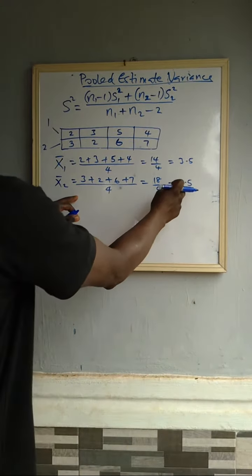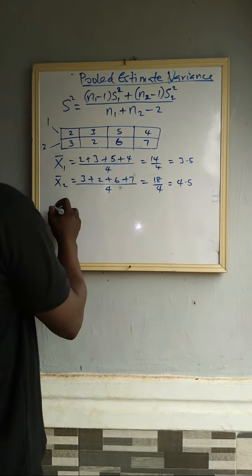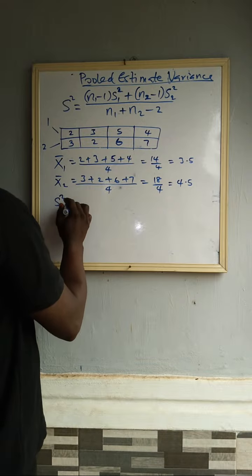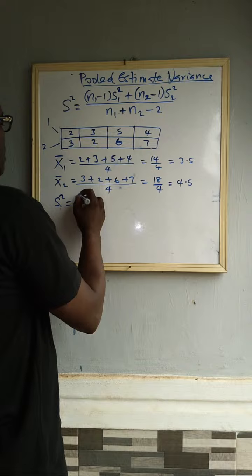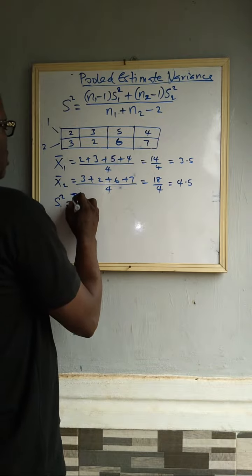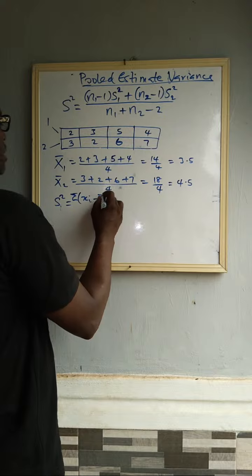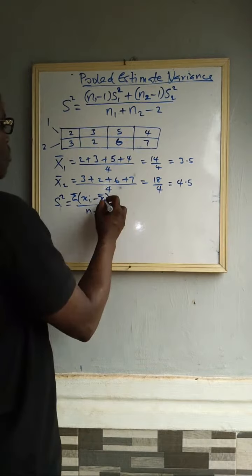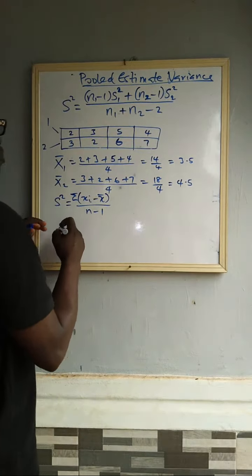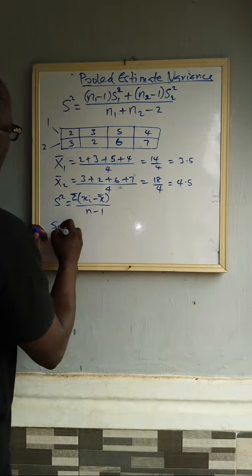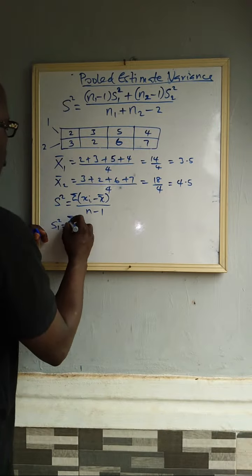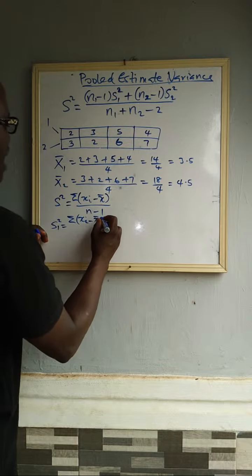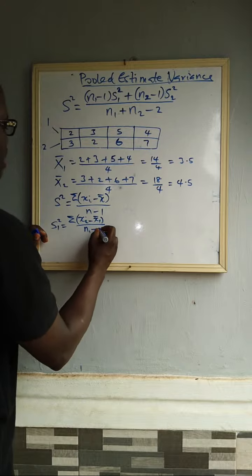So now we use the two of them in the formula for variance, s squared equals summation of (x minus x bar) squared over n minus 1. Now this time we have 1 and 2. So the first one will be s1 squared equals summation of xi minus x1 bar squared divided by n1 minus 1.